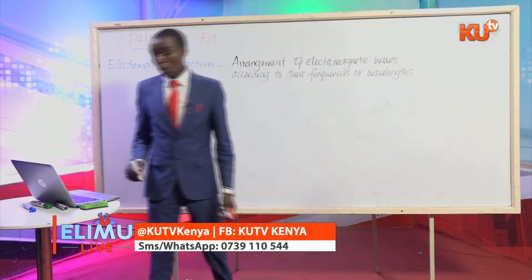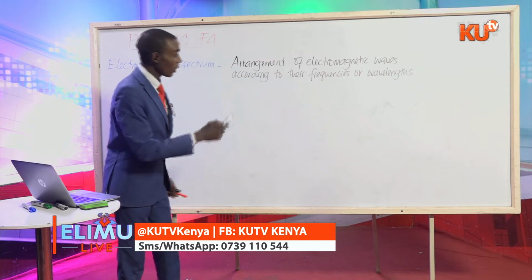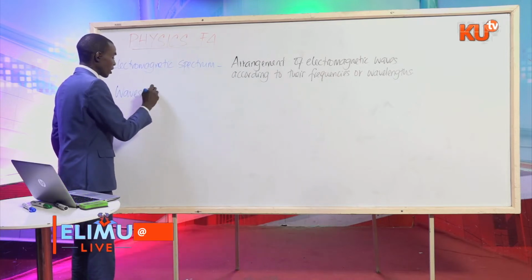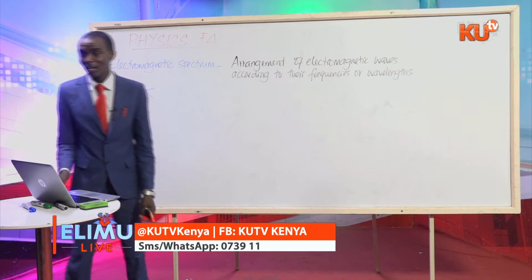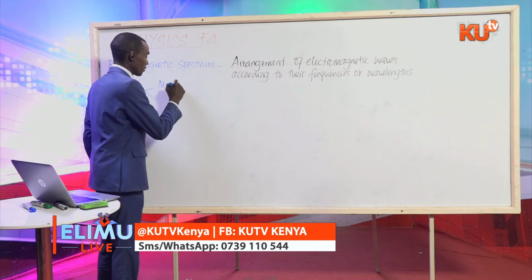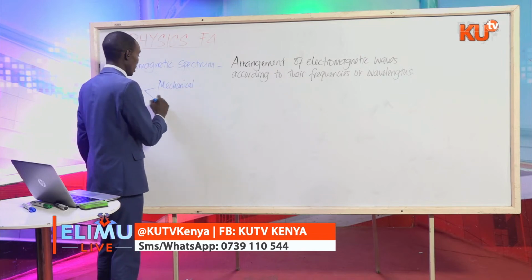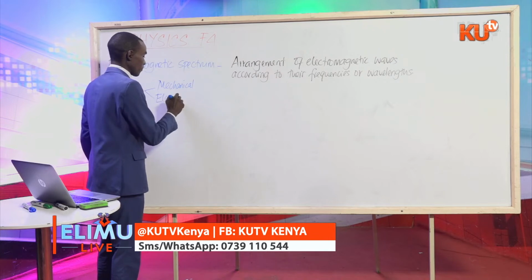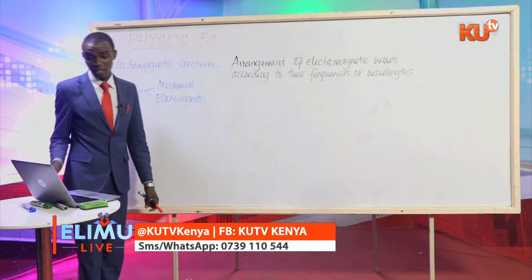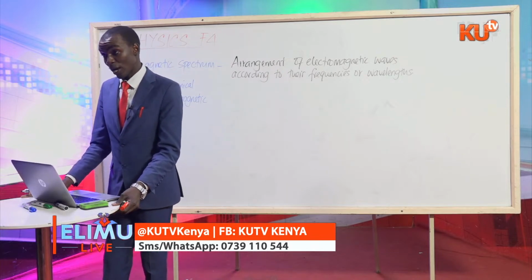Now, what do we mean by electromagnetic waves? My viewer, back in Form 2, we said that waves can be categorized generally into two: mechanical and electromagnetic.